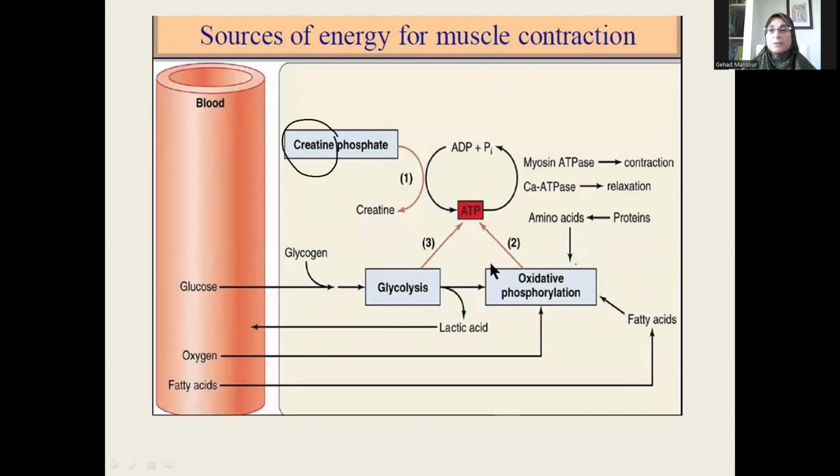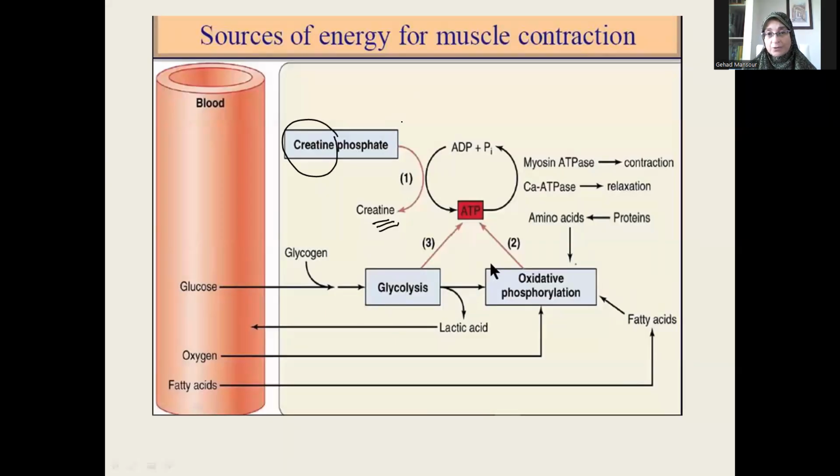Creatine is present inside the muscle cell in the form of creatine phosphate. And creatine is important because whenever the process of aerobic cellular respiration occurs, part of the process is that creatine phosphate is converted into creatine.